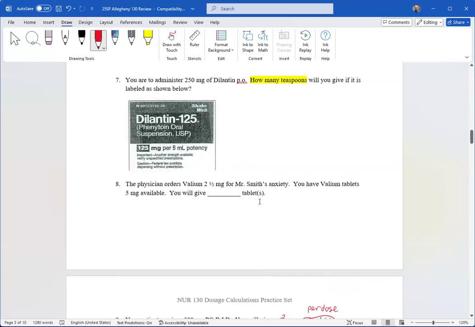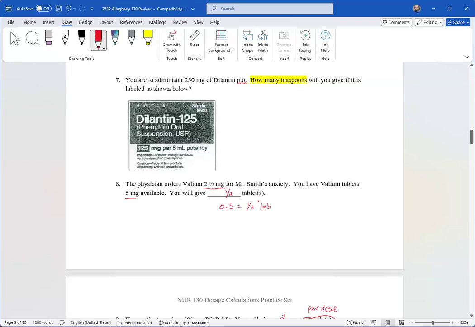This is something that I discussed last semester during the reviews. I told you that sometimes, if they tell you the order is 2.5 milligrams and you have 5 milligrams available, this is typically how they want you to write your answer, as a half tablet. But you might want to verify that with your instructor, or just make sure your answer says 0.5, which equals 1/2 tablet.